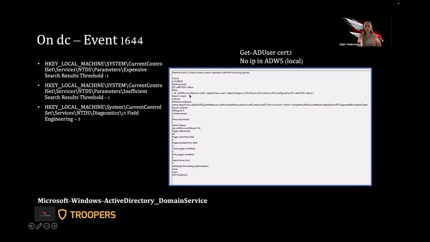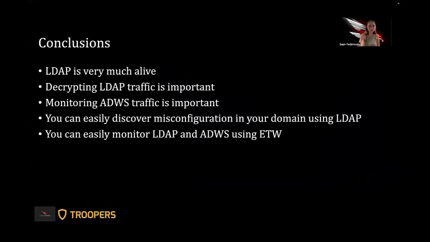You can see the filter, the attributes, and the user, which is quite powerful. I think this is the best way to monitor LDAP and ADWS traffic, but it's going to create a lot of events. If you don't have the capability to store and process all these events, it's not that easy actually. So there is kind of a trade-off here.